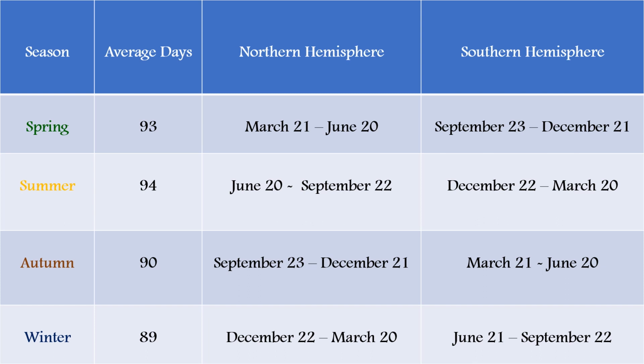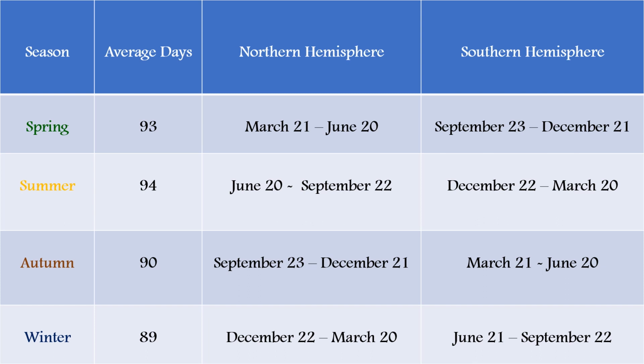Summer in the northern hemisphere, as you can see, lasts 94 days. That's the longest one, and that's on average, right? Now in the northern hemisphere, it starts on June 20 and it ends September 22. Okay, September 22. Something's not right, right? So you're saying that we go to school during summer?